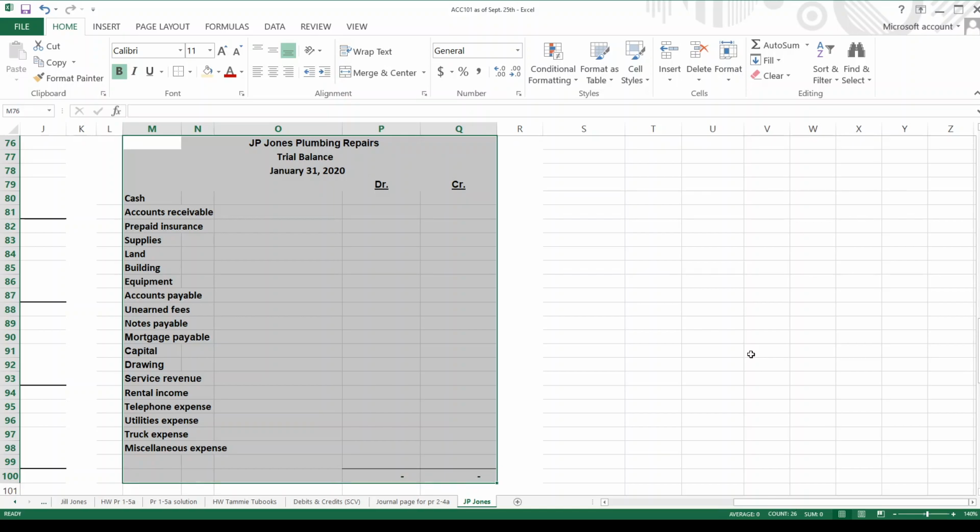The ones we did in Chapter 1: the income statement, the statement of owner's equity, and the balance sheet. But these are not the final numbers, as we will discover on Monday when I go over adjusting journal entries. Some of these balances are going to have to be modified. We're going to come to know and love those modifications as adjusting journal entries.